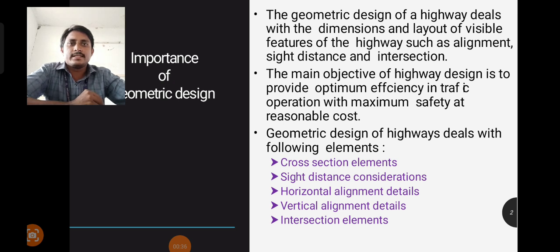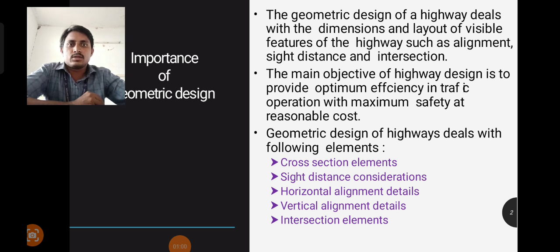Geometrical design is nothing but the topic that deals with highways. The highway deals with the dimensions and the layout of the visible features of the highway. Whatever the visible features on the highway, that is known as geometrical design.